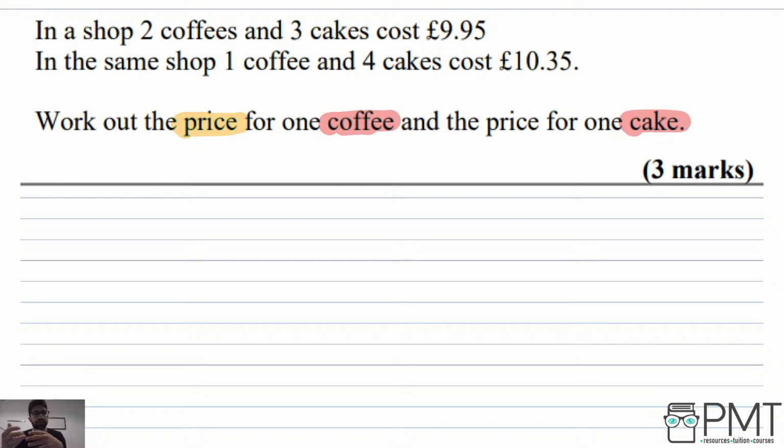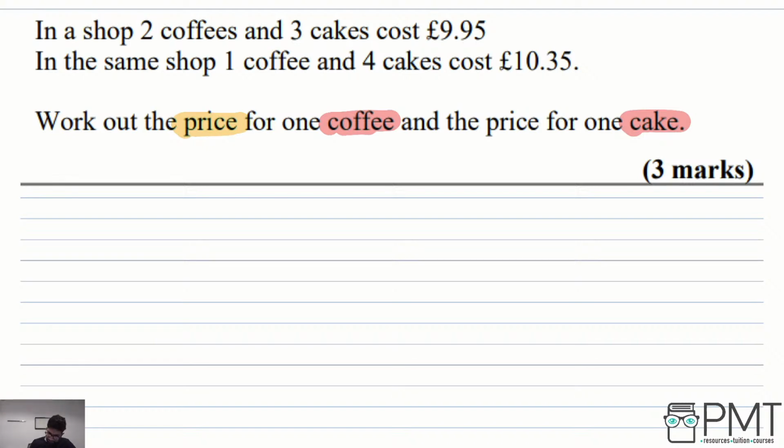Usually we work with x and y, so we can call coffee x, cakes y. Yep, that's great. Thank you, Holly. And the idea is we'll get simultaneous equations. But if you don't know that you'll get simultaneous equations, don't worry. You approach the question, you give them some labels, and then they will come out. So we'll see how that works.